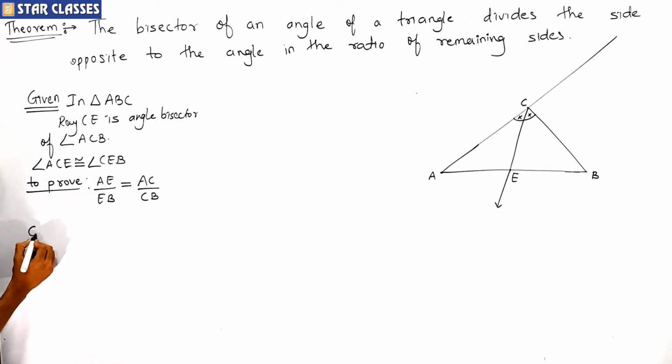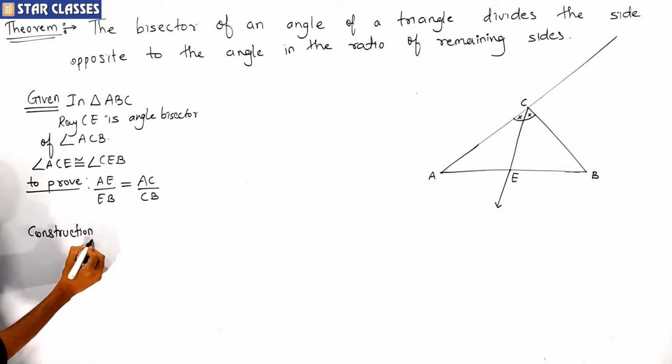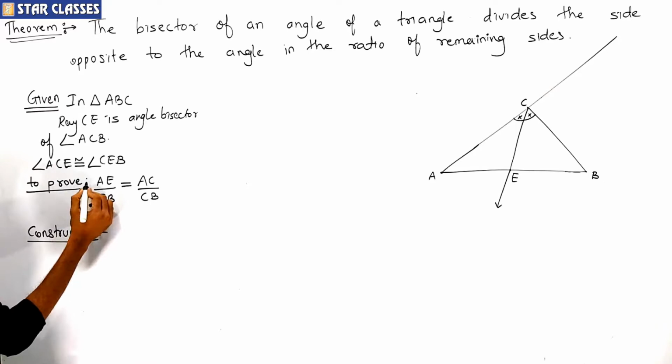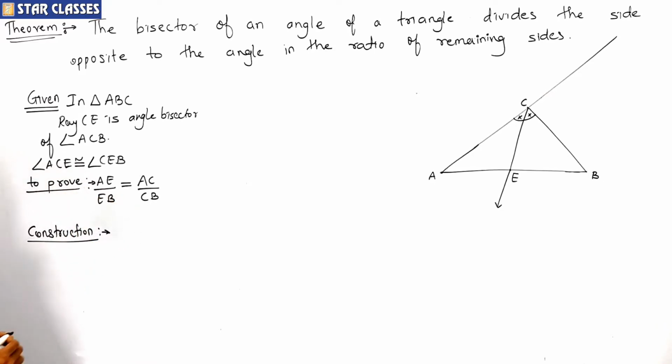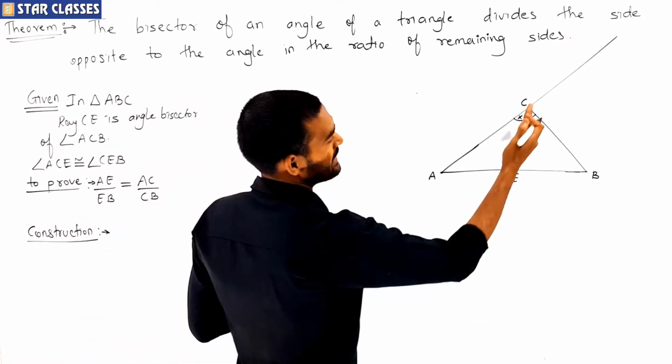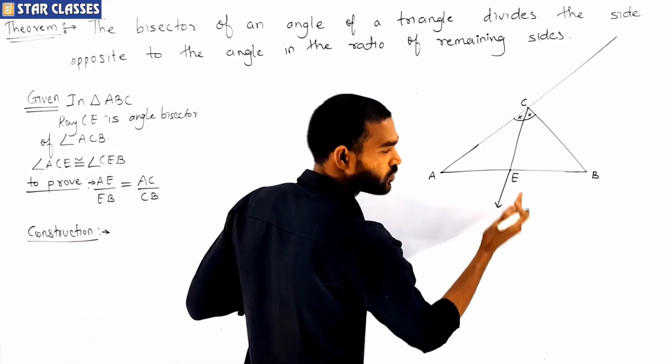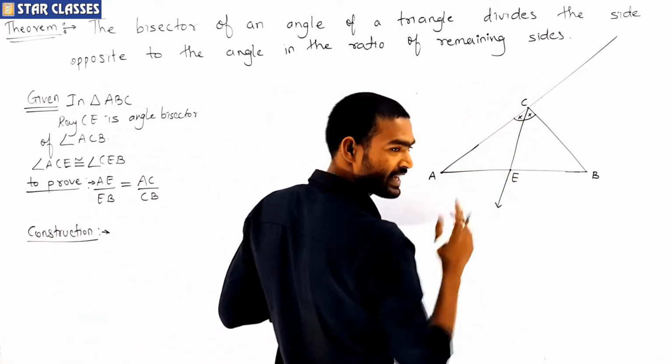Now we'll do construction. Now let us see what will be my construction. First we will see here a ray CE. What it does? It is bisector.